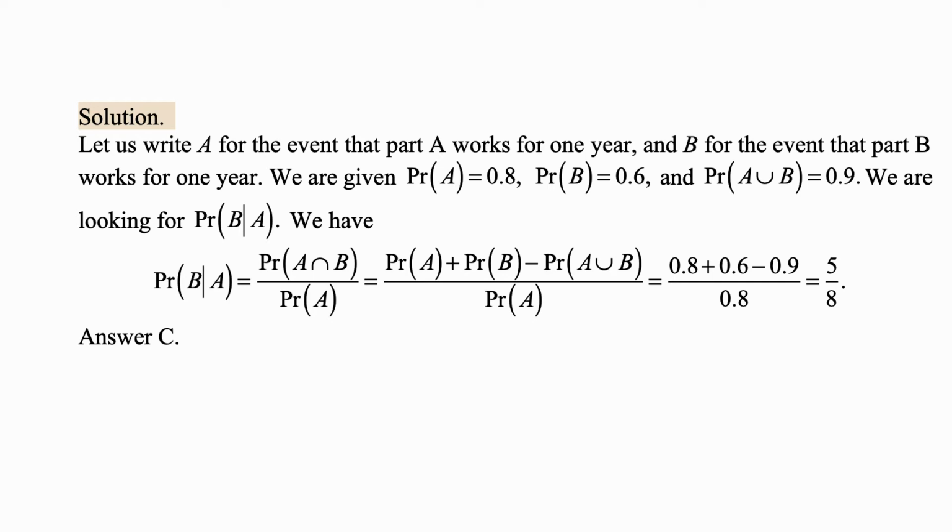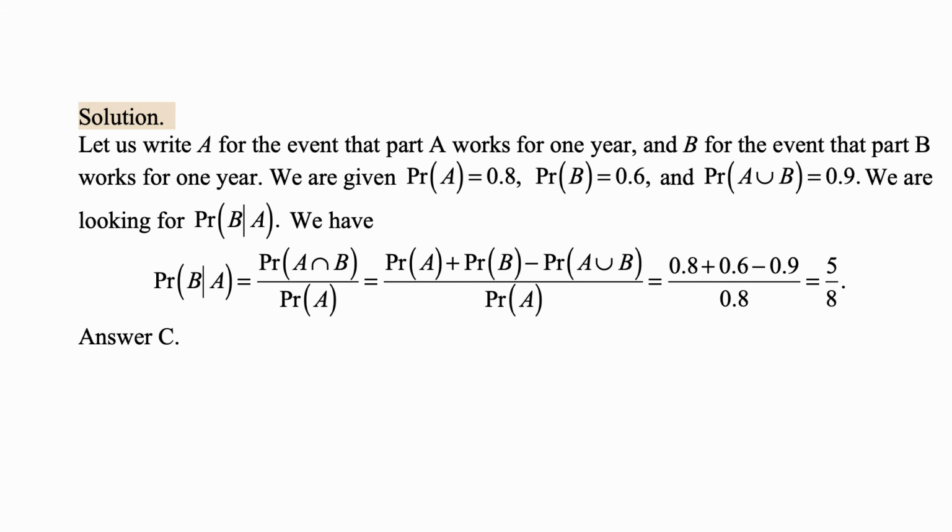By the way, note that in a problem like this, we always start by labeling the events, and then writing down the information that is given, and then asking ourselves what we're looking for. Well, we are looking for probability of B given A. And we have, by definition of conditional probability, the probability of B given A is probability of A intersection B, which is the same as B intersection A, divided by probability of A.